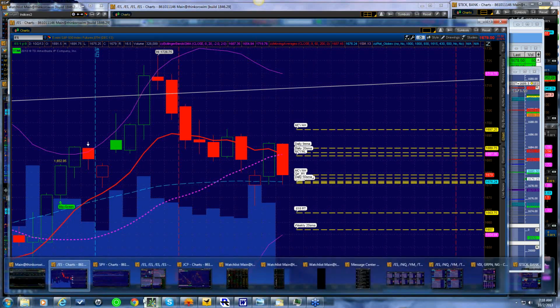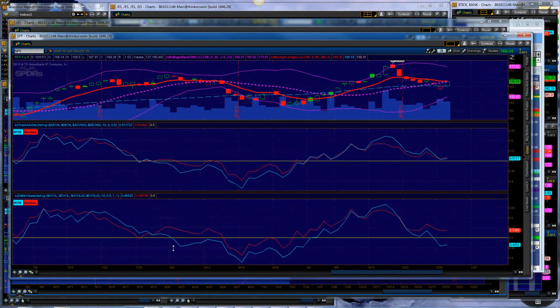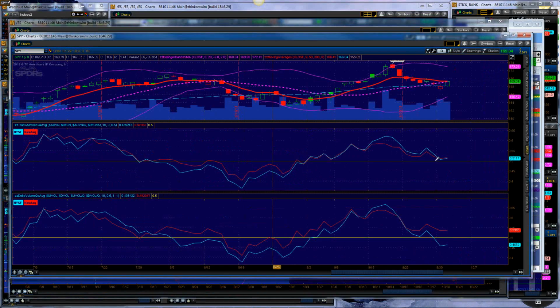So looking at market breadth. With the rally yesterday, we had just a slight rise in advance-declines and up-down volume, but not much. It's mostly flat still. Advance-declines are right at the 50% level, just above it.